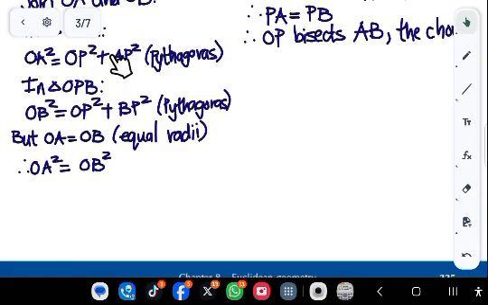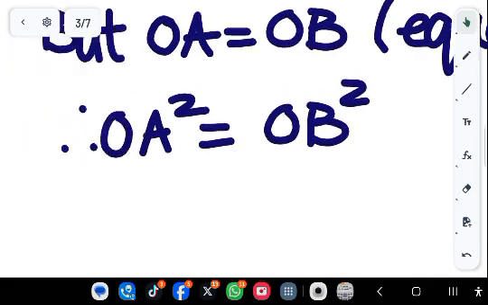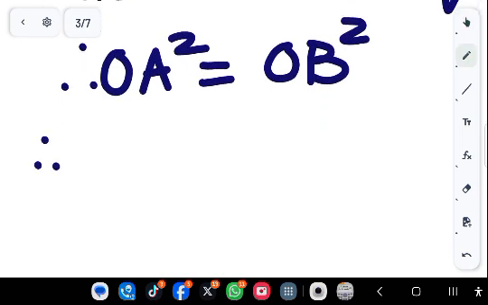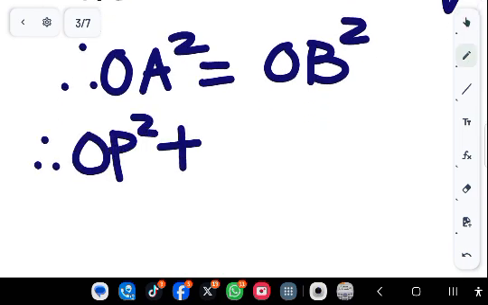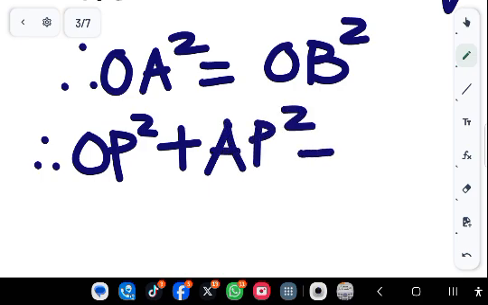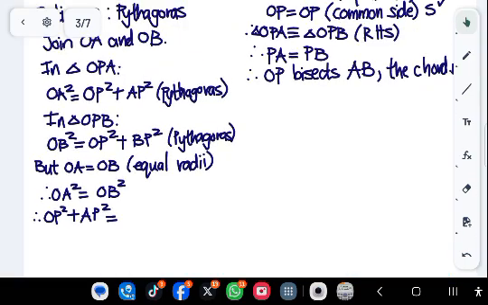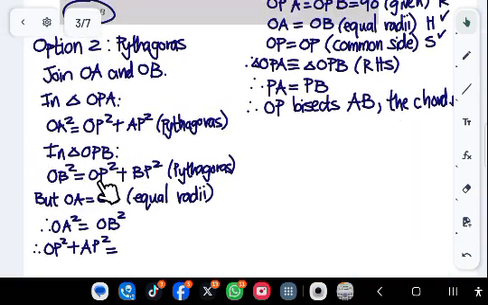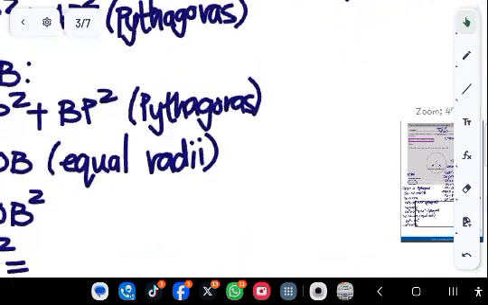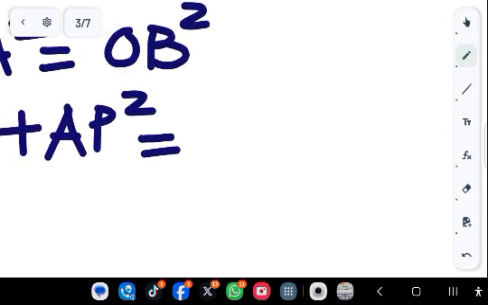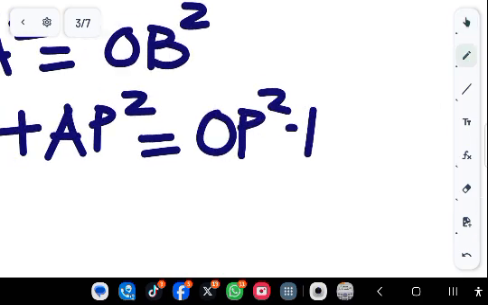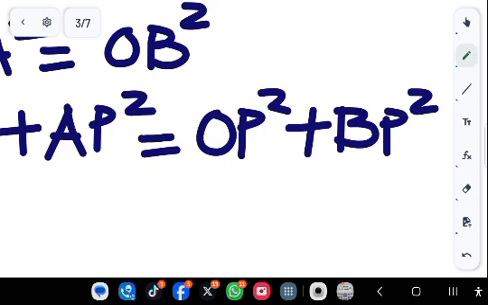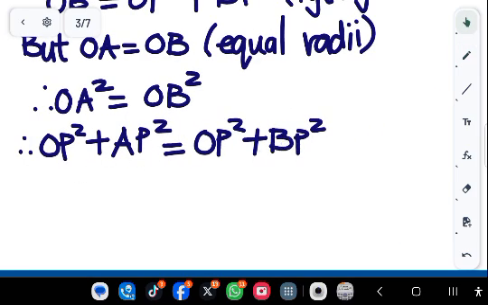OA squared is OP squared plus AP squared, so on the left hand side we have OP squared plus AP squared. And on the right hand side, OB squared is OP squared plus BP squared.